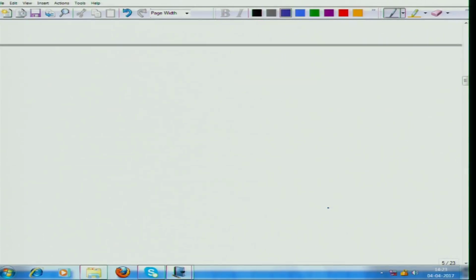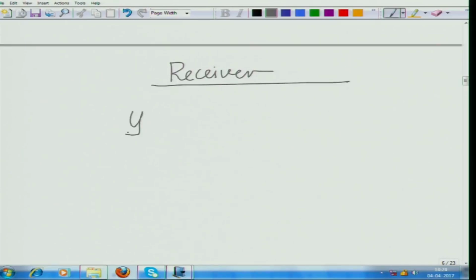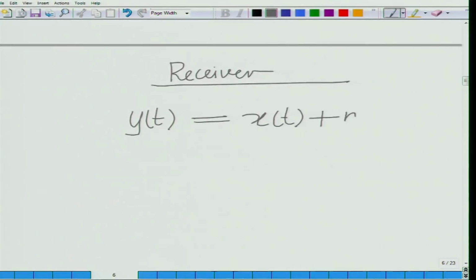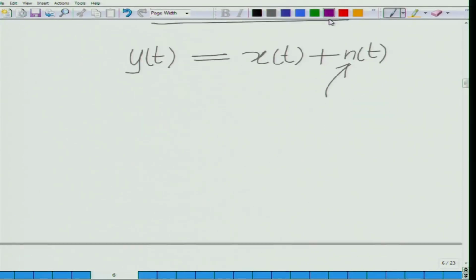Okay. So now consider what happens at the receiver. At the receiver in the digital communication system, once again we have Y(t) equals X(t) plus N(t), where N(t) is additive white Gaussian noise.